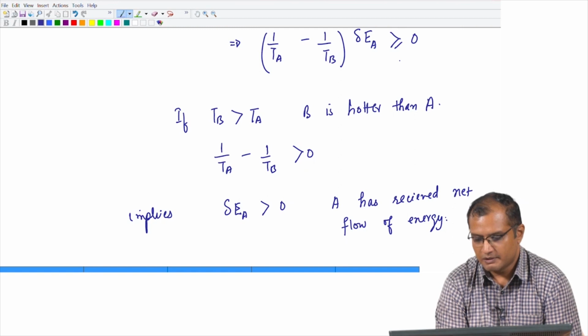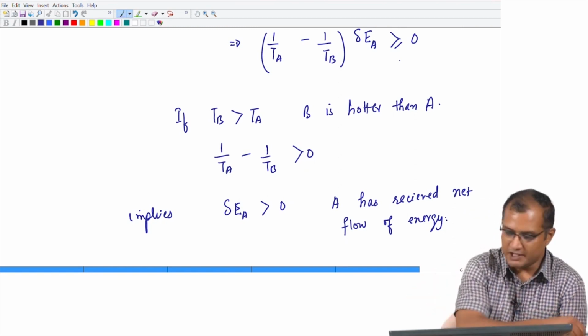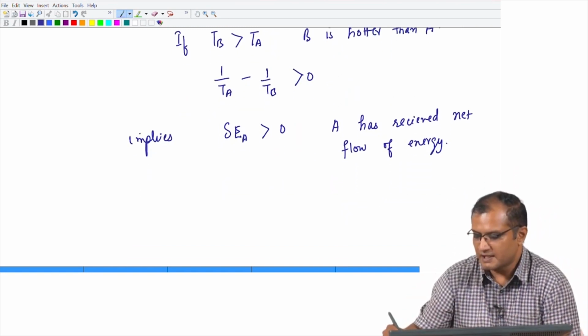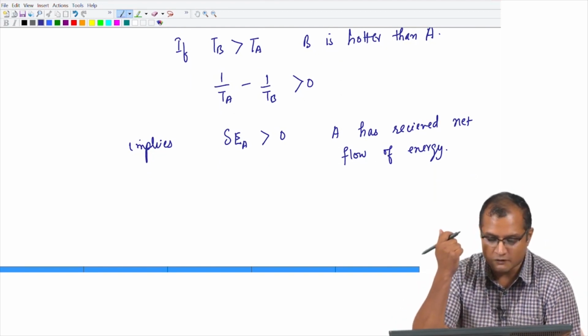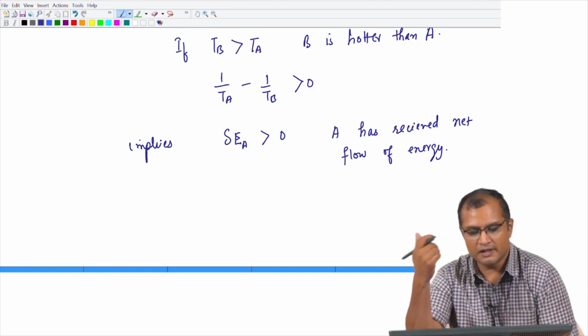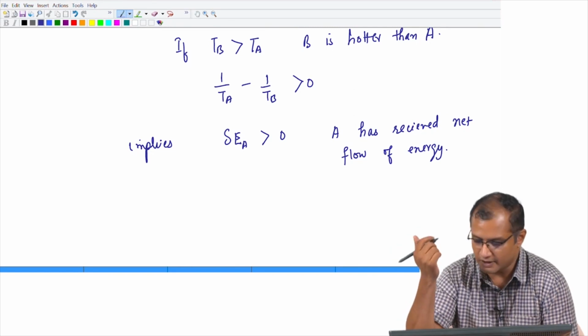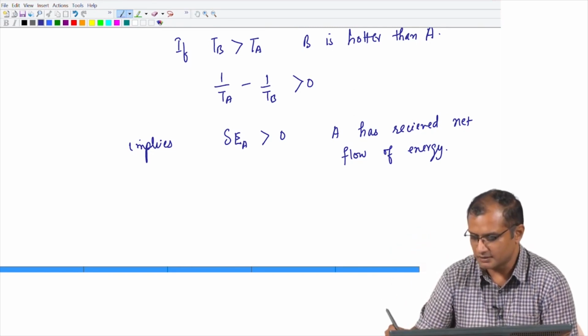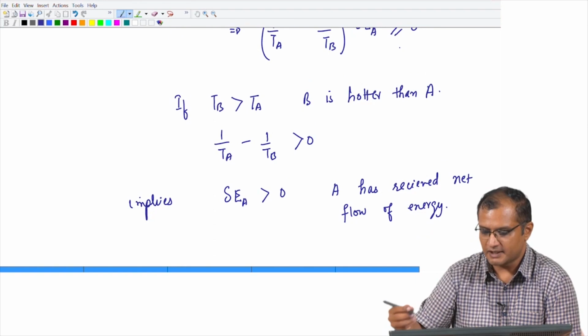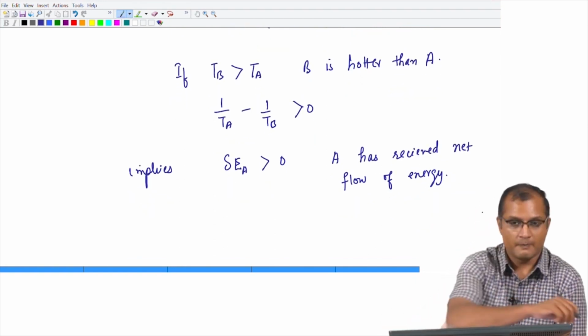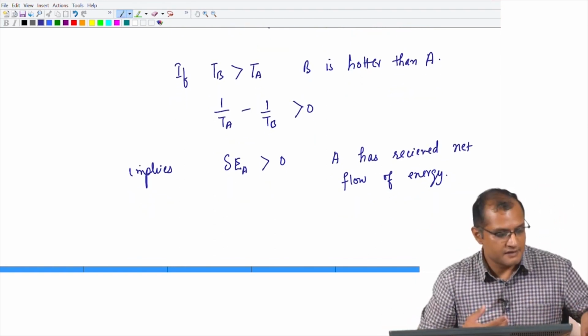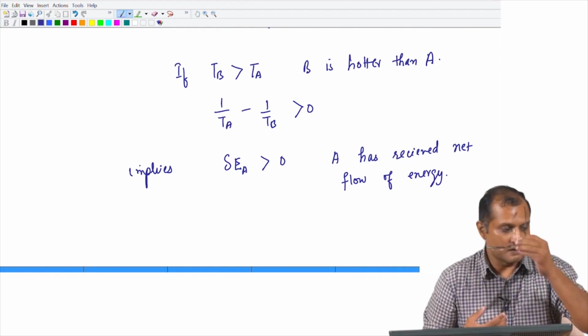So, the direction of heat flow is basically decided by the second law of thermodynamics, and that was naturally derived under the constraint of the fact that the entropy of the system has to always increase if the process is irreversible.